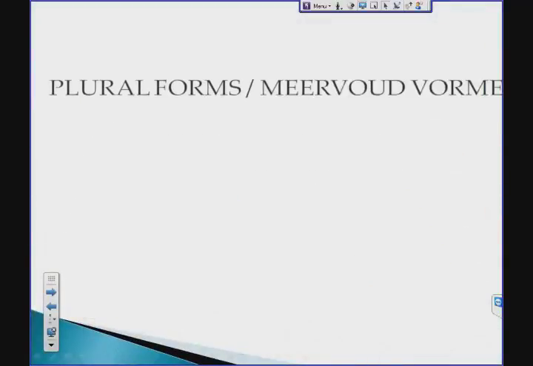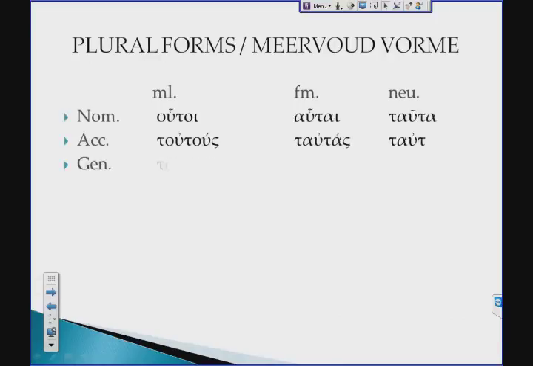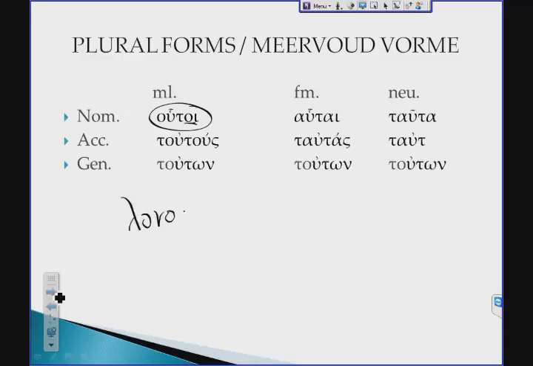Now, the plural forms also of houtos, all of them are there. You can see something is beginning to change. Houtoi, like you will have your logos and then logoi. That tells you I am plural, okay? So that's what is happening there. The feminine also, and then the neuter, okay?